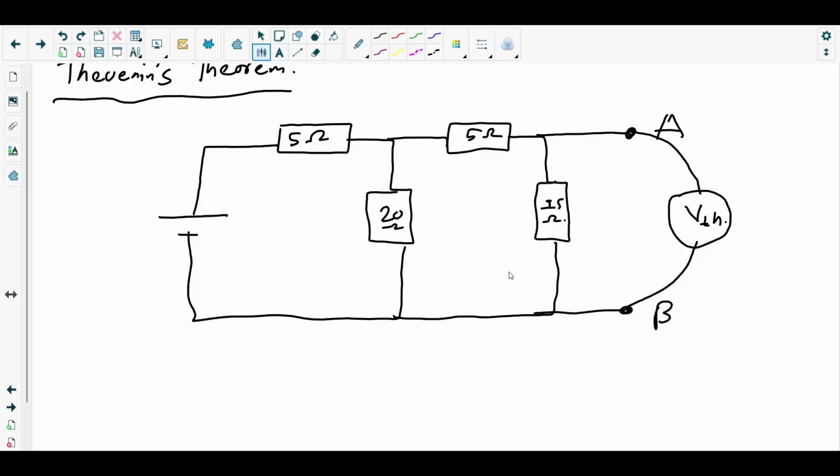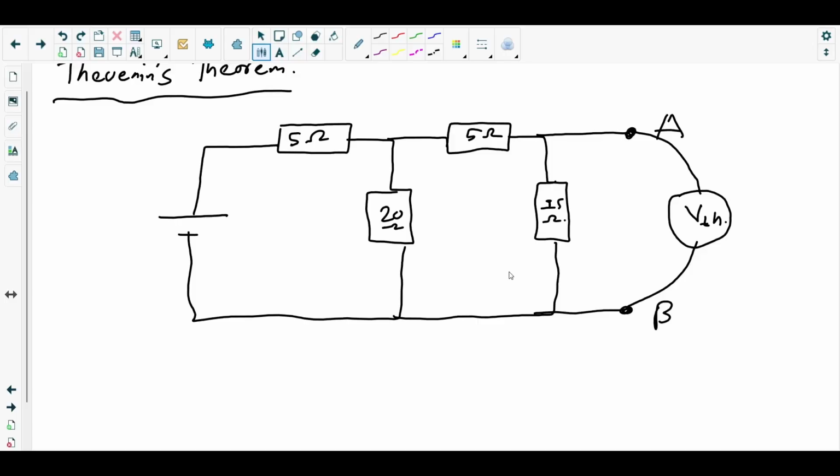Now we need to find the Thevenin's voltage, right? And then we will draw the Thevenin's equivalent circuit. Now we have to apply the potential divider circuit equation. The input voltage was 6 volt.